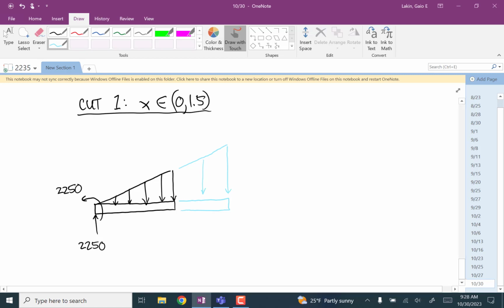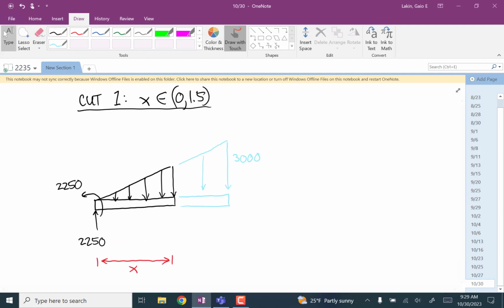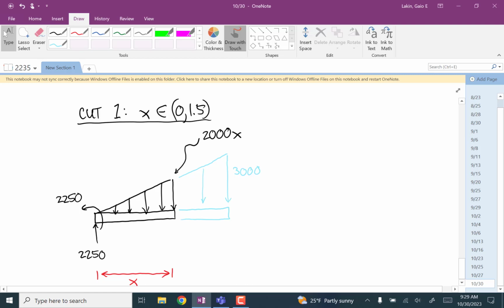This is for a general distance x from the left end. And what's the height of that triangle at the right end? It's not 3,000, because the 3,000 is over here off of what we're considering. If you go out a distance x, what's the height of that? Yeah, exactly. So the height here is 2000x, Q of X, I guess.